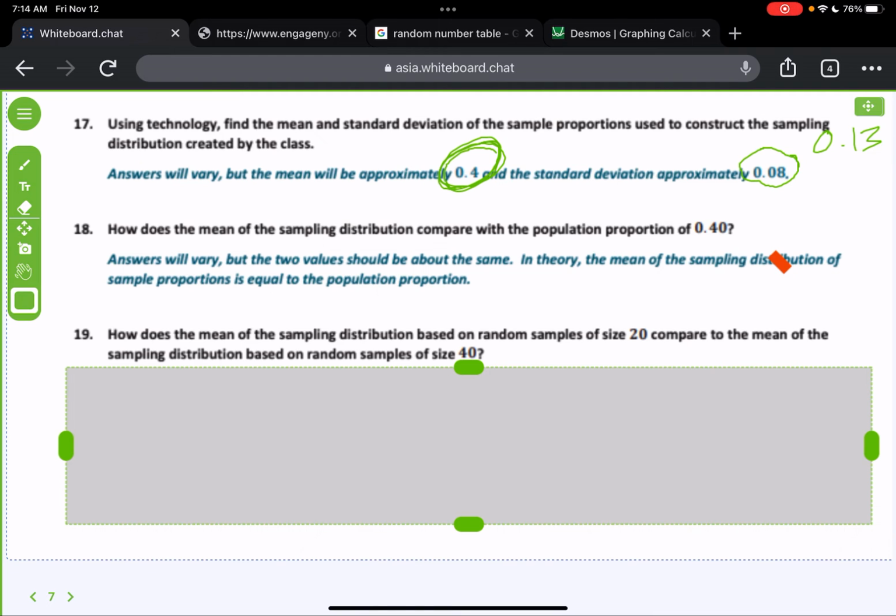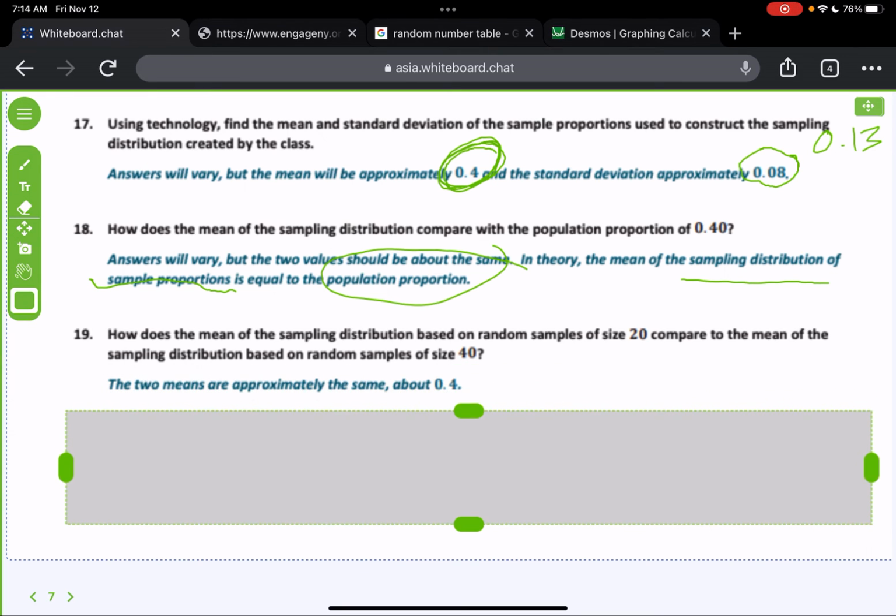How does the mean of the sampling distribution based on a size of 20 compare to the mean for 40? It should be the same. If they are true representations of the population, whether we're pulling 20 or 40, the mean will stay the same.